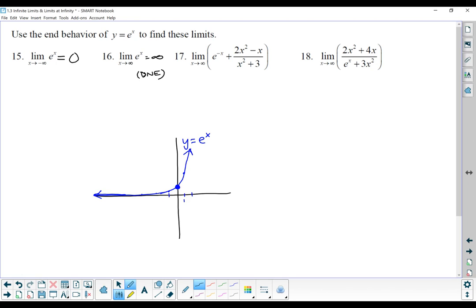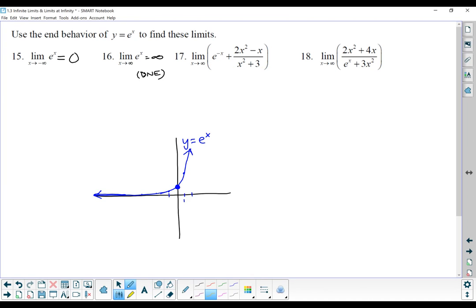So we want to take the limit as x approaches infinity of e to the negative x plus 2x squared minus x over x squared plus 3. When we're taking a limit like this, we can think of the limit of those two terms individually, and then add those two limits together.